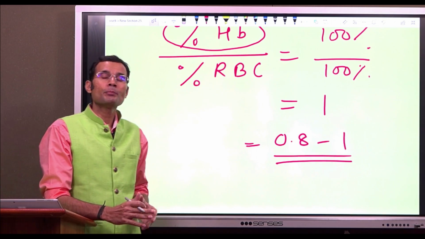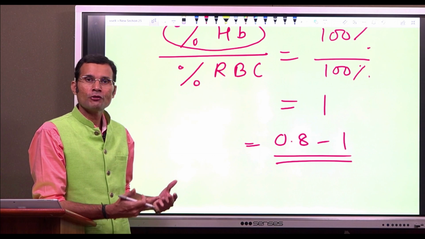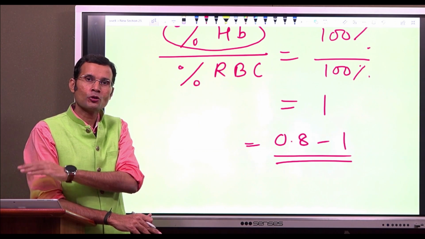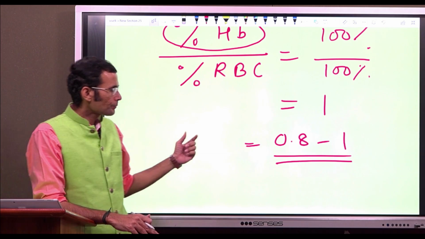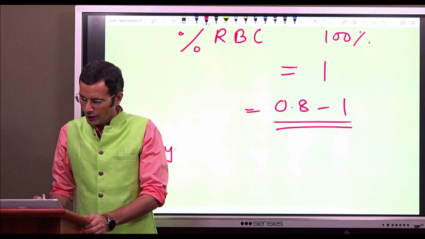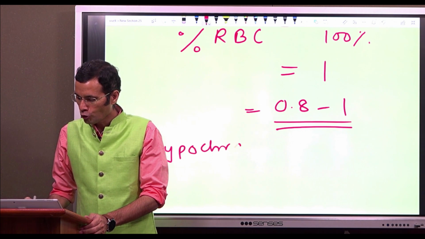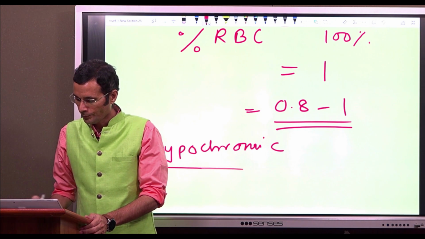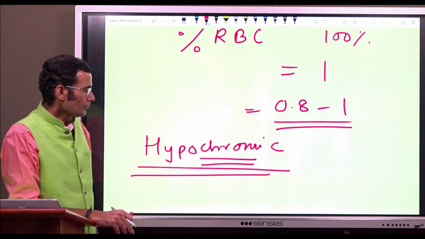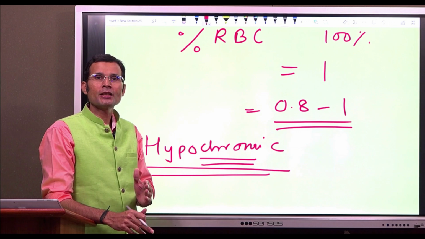So anemia is basically due to the deficiency of hemoglobin rather than less production of RBCs or more destruction of RBCs. So we term it hypochromic anemia. You know, chromos is color, so it will be a hypochromic anemia.